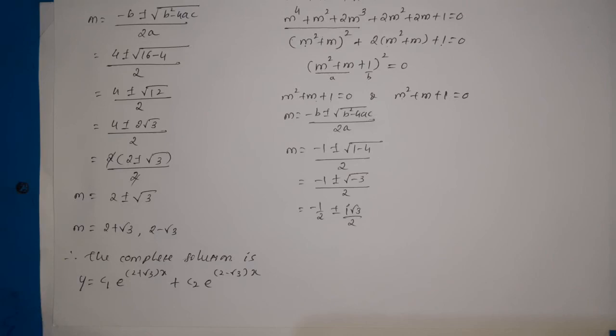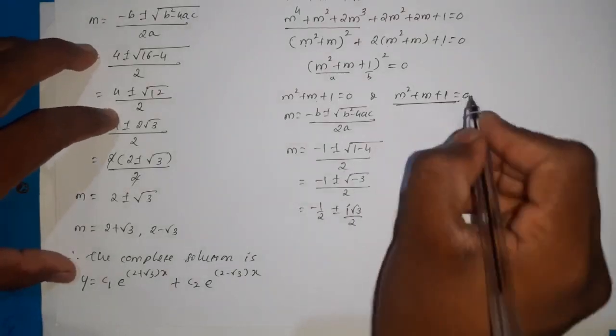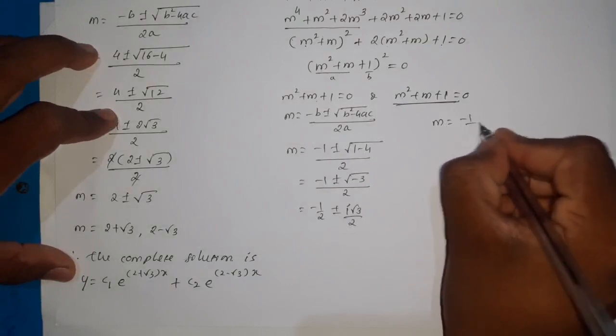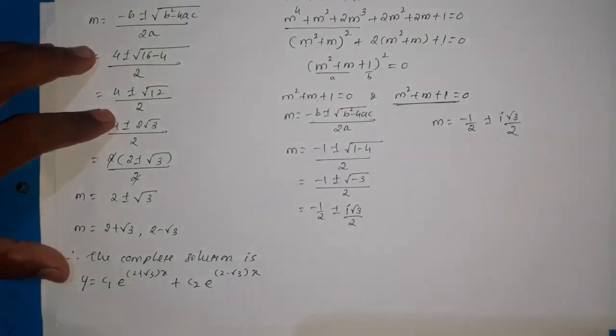Whenever we have one pair of complex roots, we know how to write the complementary function or the complete solution of the equation. Here the second equation is also the same as the first one. So here also the roots will be minus 1 by 2 plus or minus i root 3 divided by 2.